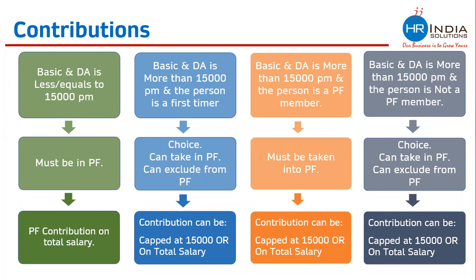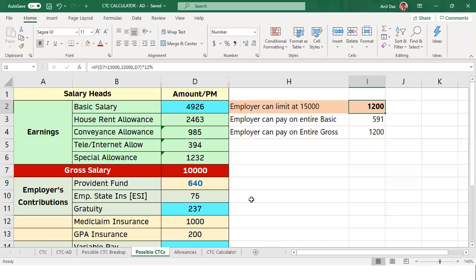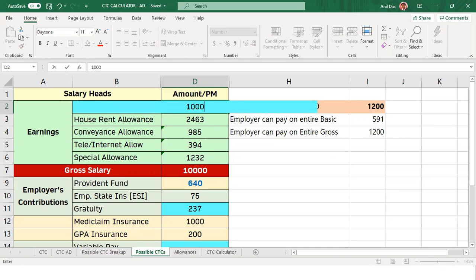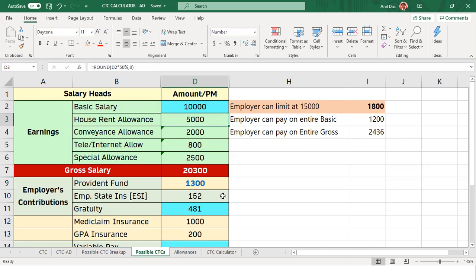See the first case. If the basic and DA is less than or equal to 15, PF contribution will go on entire salary, total salary. No doubt, in this Excel sheet I was calculating on basic, but since the salary is less than 15, now the PF would be calculated on gross salary. 15,000 capping is still there. In this case, 12% is getting calculated on 10. What if the person's total salary is 20?